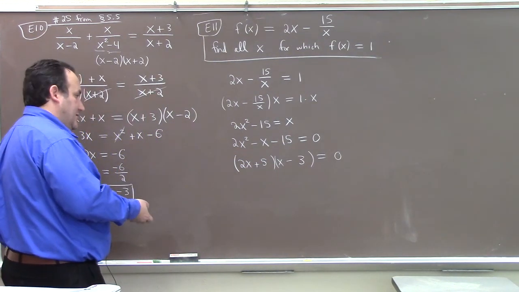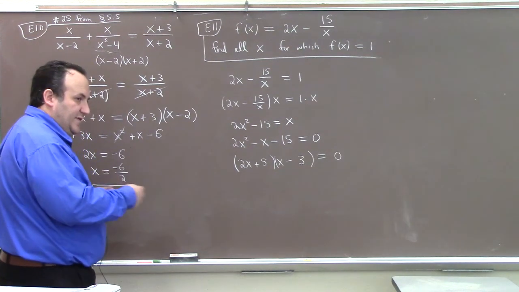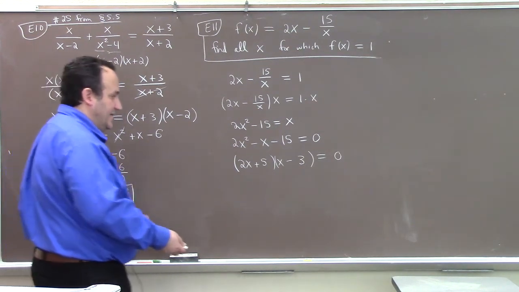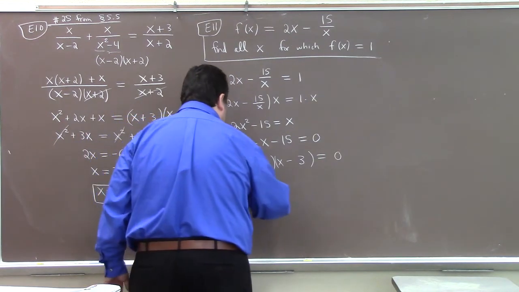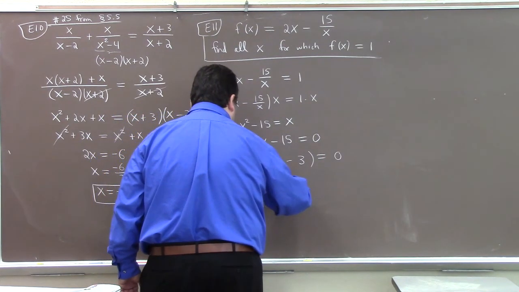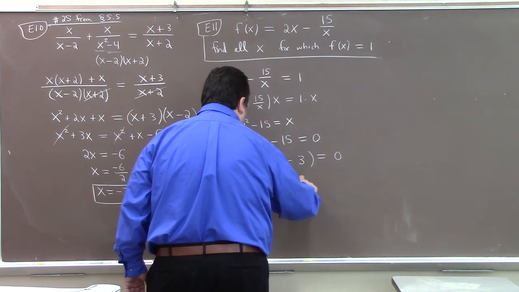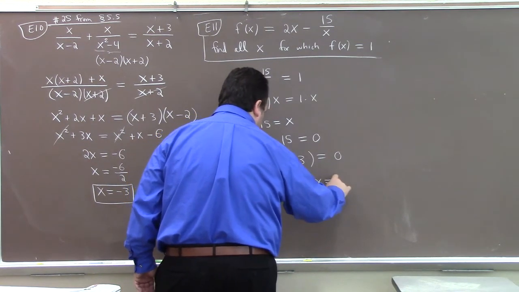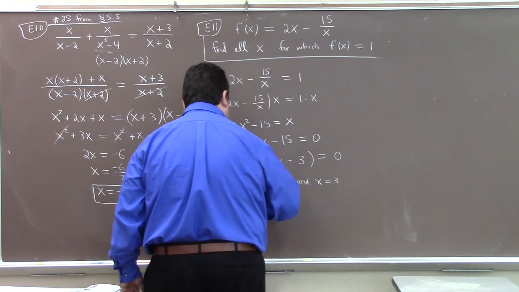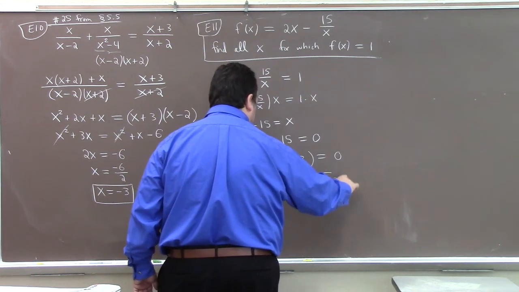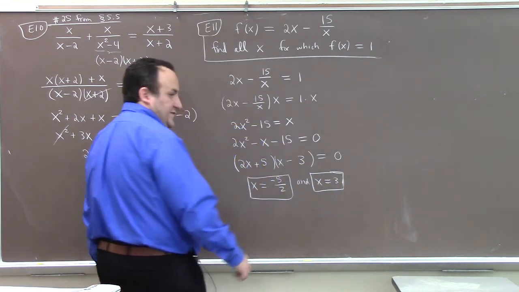Yeah. And of course you could use the quadratic formula there if you didn't see that, or completing the square, better yet. And so our solutions are x equals minus 5/2 and 3. Which is what the book says.